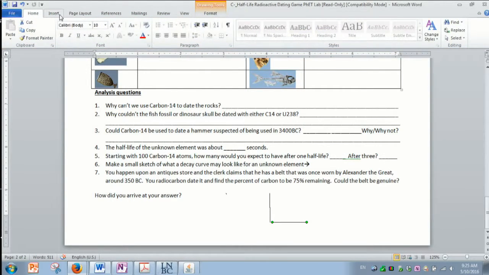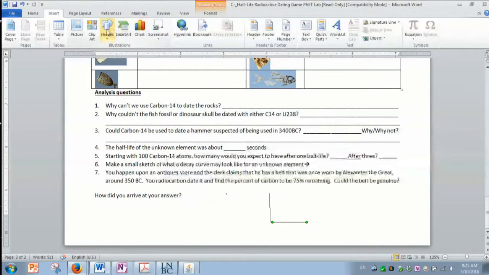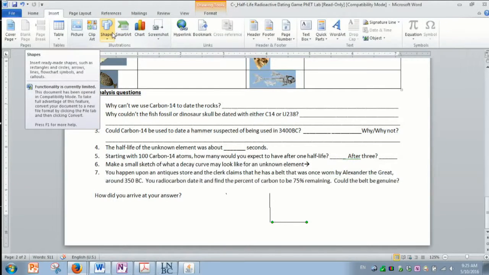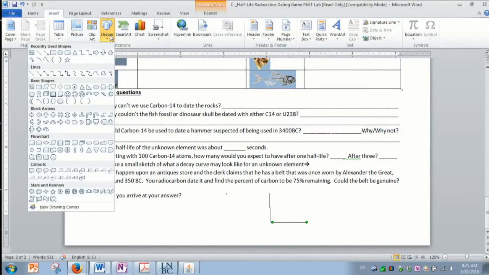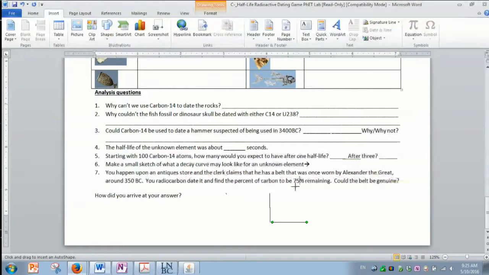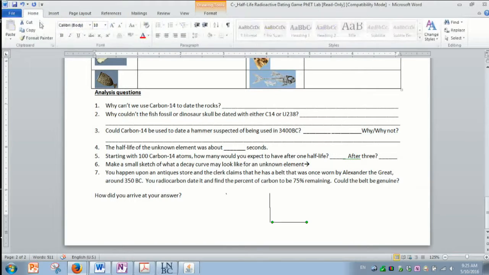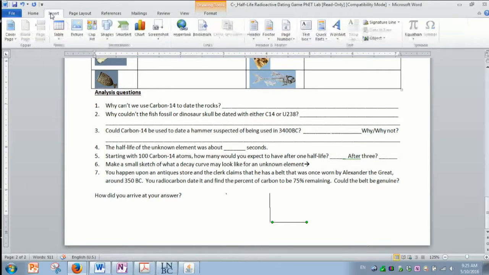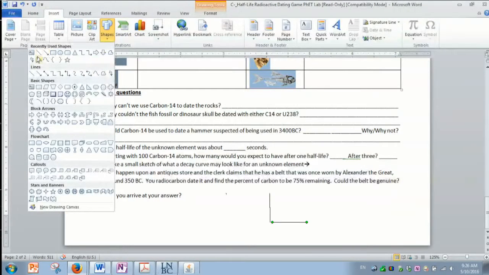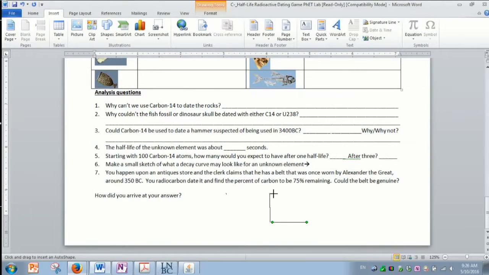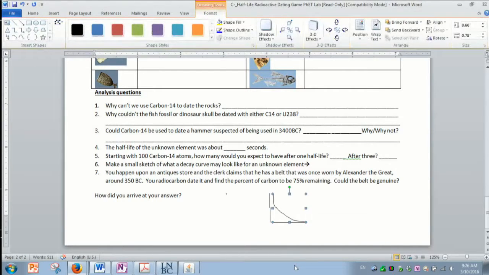You can do shapes. What you might be able to do is, is this what I'm looking for? There you go, that was it. So if you go into Insert and then Shapes, there's a squiggly line here, which should let you draw a nice decay curve like that.